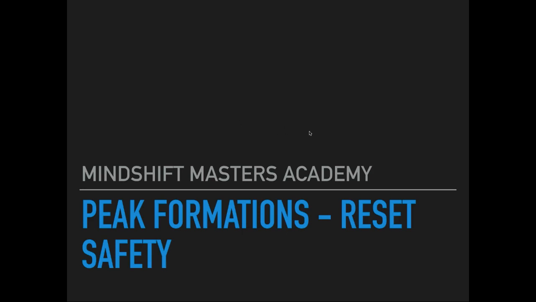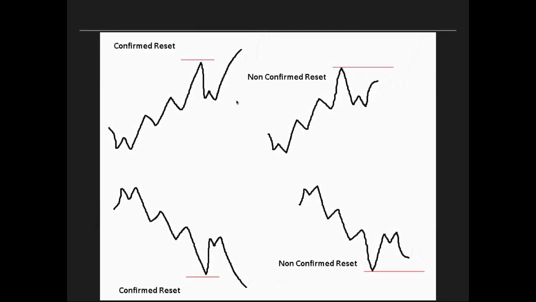If you look at this chart here, we're going to look at the difference between a confirmed reset and a non-confirmed reset. What happens in a reset is there's a trend that goes on for a time. We have our 3-level cycle, and sometimes they'll continue the trend after 3 levels.